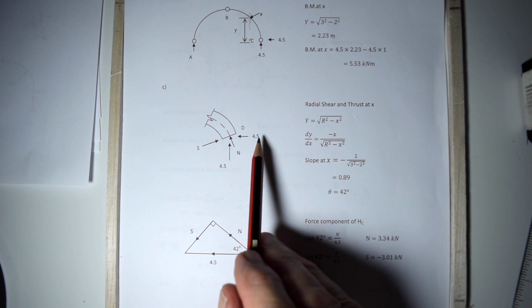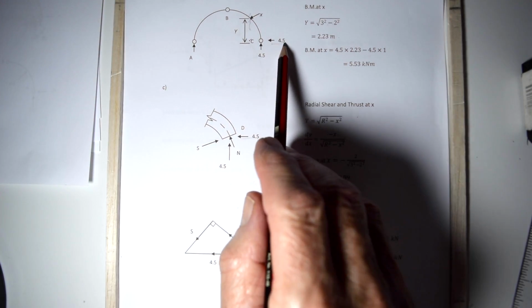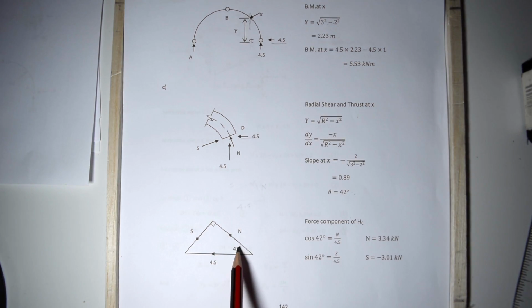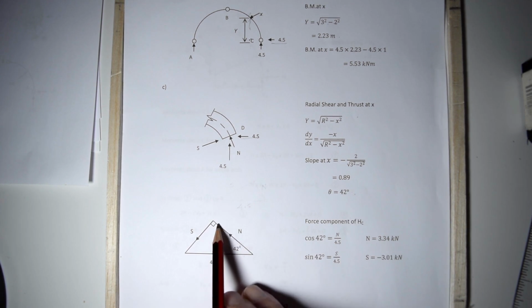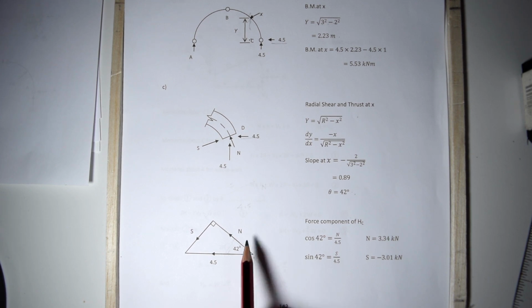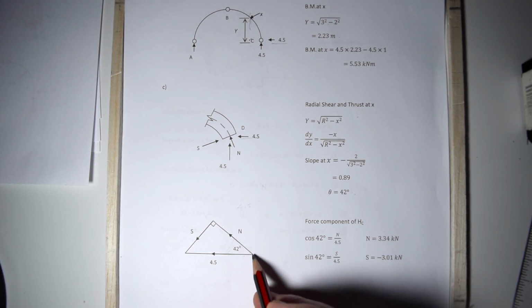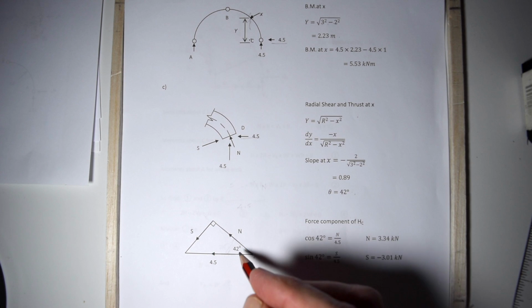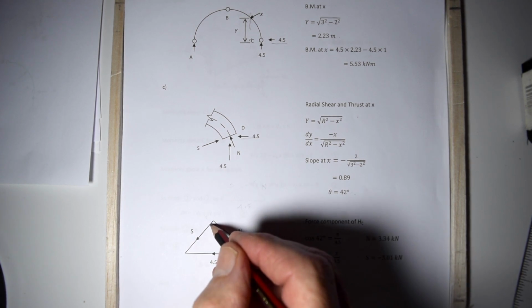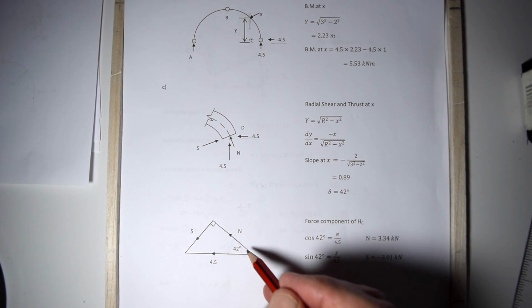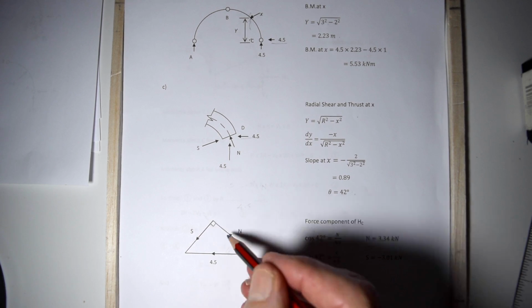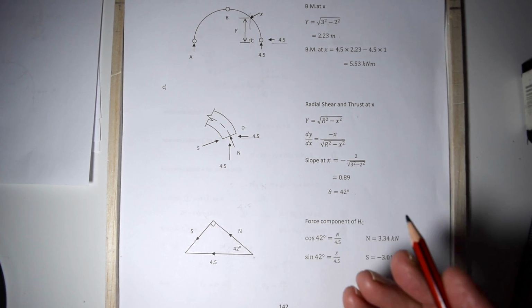That's a 4.5 kilonewton load, that one there. 42 degrees is the angle of the tangent. That N is the thrust, as I said to you. That's 4.5. You can construct this triangle knowing that this has to be 90 degrees, and from that you will find out what that length is. You could just use trigonometry.